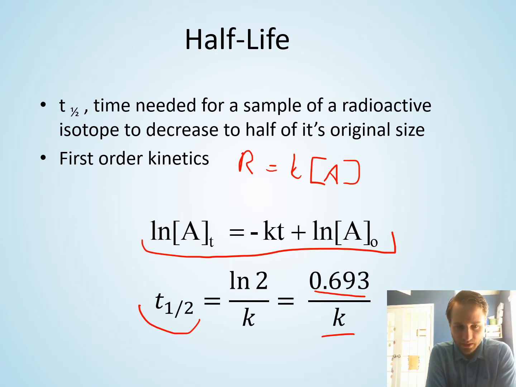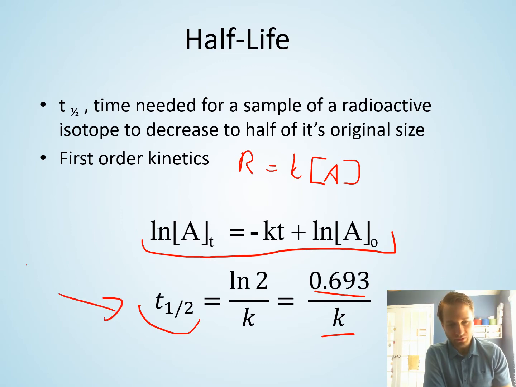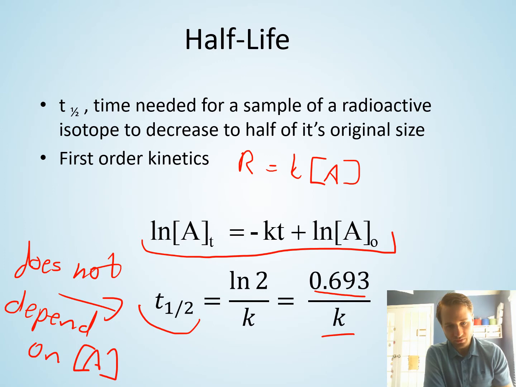The convenient thing is that this half-life does not depend on the concentration of A. The half-life is independent of the concentration, it just depends on the rate constant. So it doesn't matter what the total amount of stuff you have is. The half-life is the same every single time.